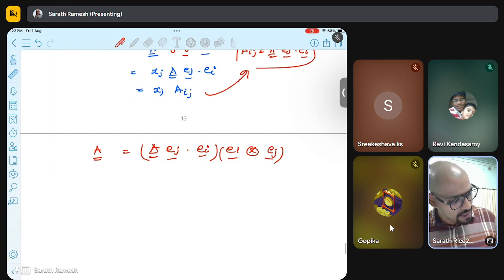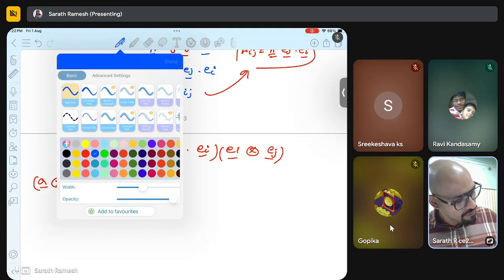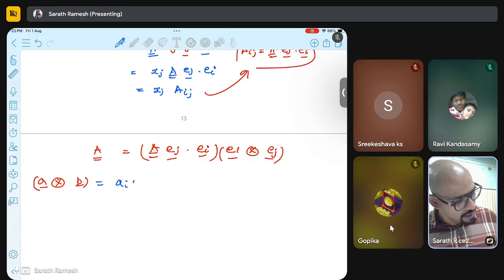What is this A tensor product B? A vector is A_i e_i. B vector is B_j e_j.